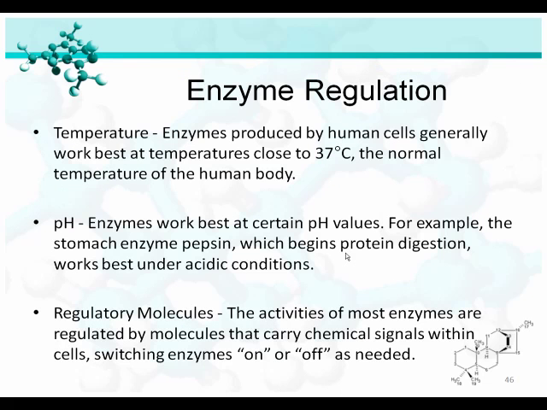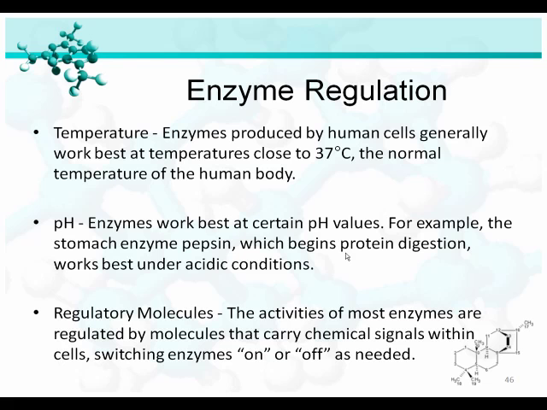Enzyme regulation. Temperature affects the action of enzymes. Enzymes produced by human cells generally work best at temperatures close to 37 degrees Celsius, the normal temperature of the human body. pH also affects an enzyme. Enzymes work best at certain pH values.